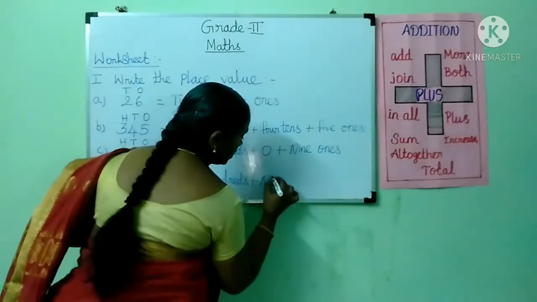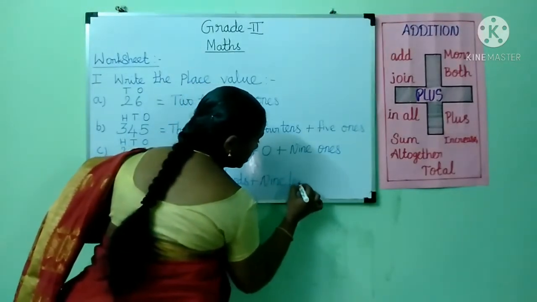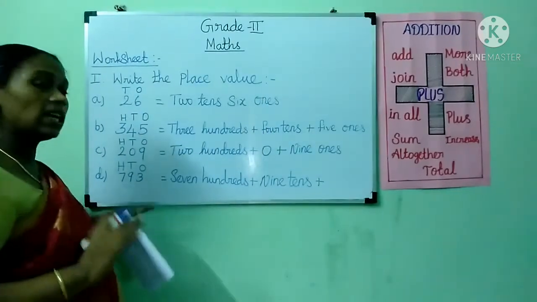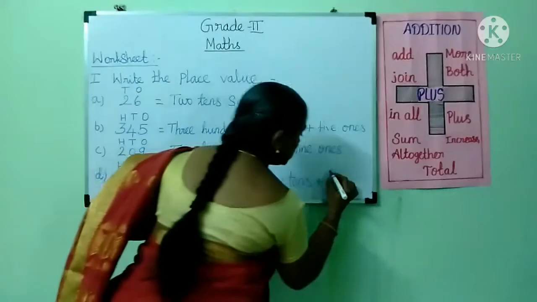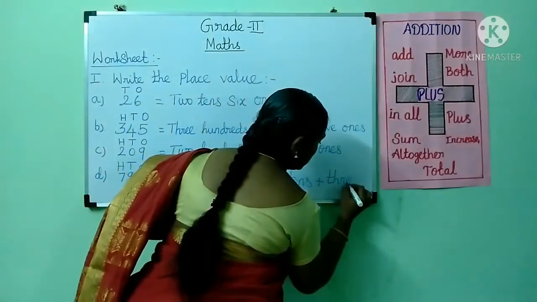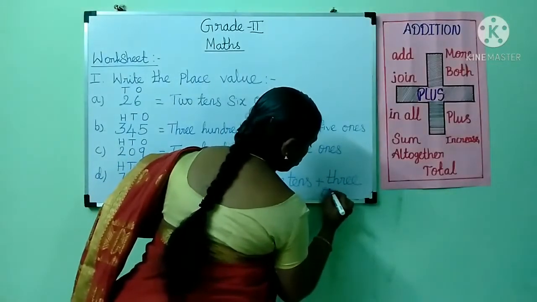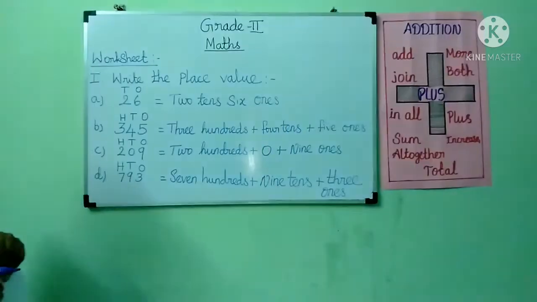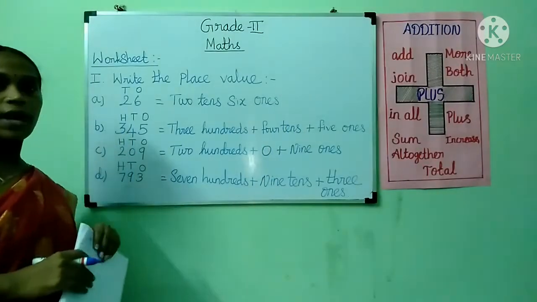NINE, 9 tens. How many ones here? 3 ones. THREE, 3 ones. Are you clear children? How to write these place values?